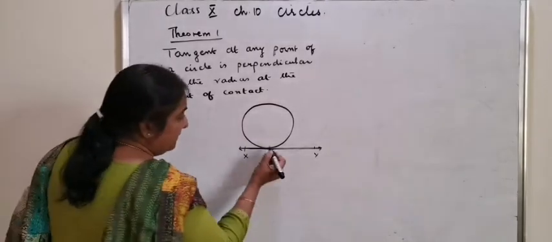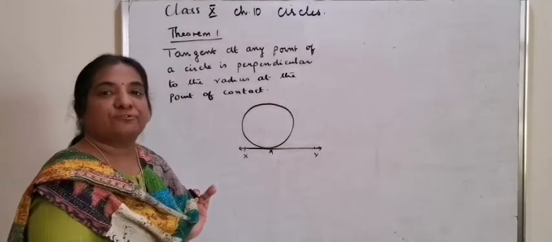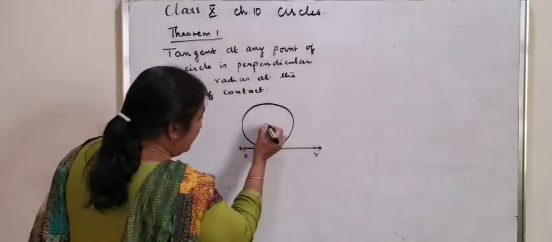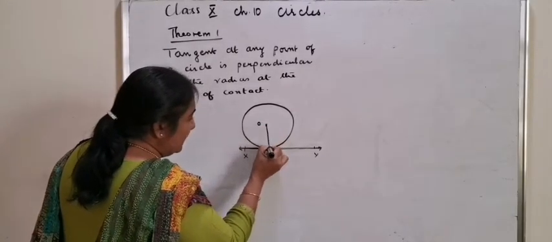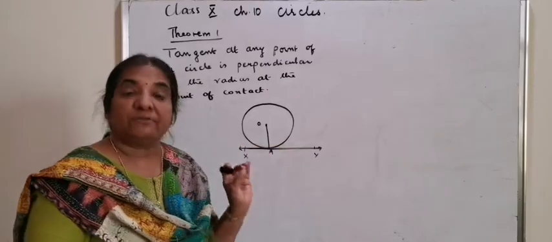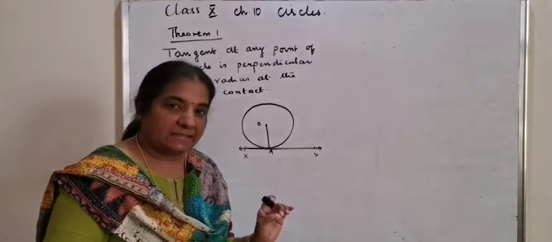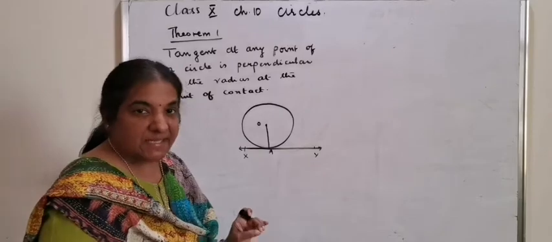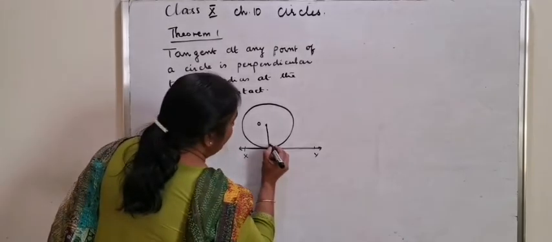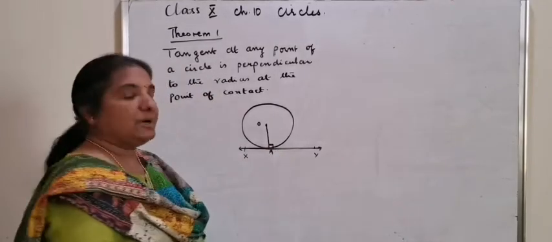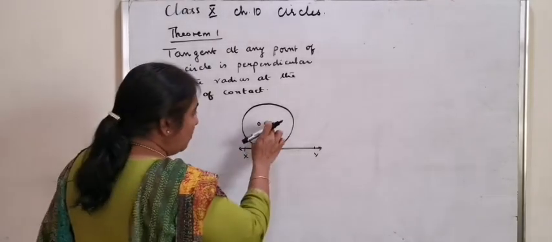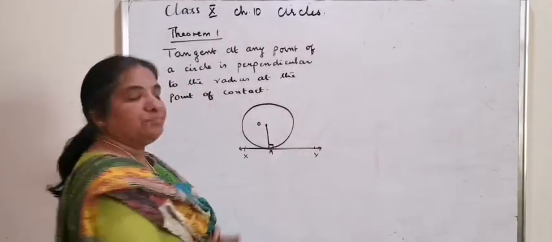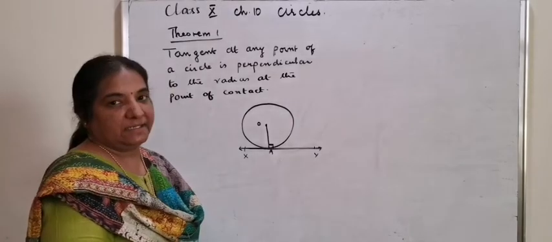That means I am drawing a tangent at the point A. If we take A as the point of contact, and join A with the center of the circle, you will get one of the radii, and the theorem says that this OA will always be perpendicular to XY, or angle OAY will be 90 degrees.